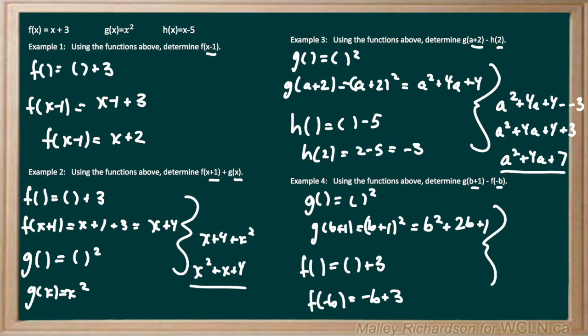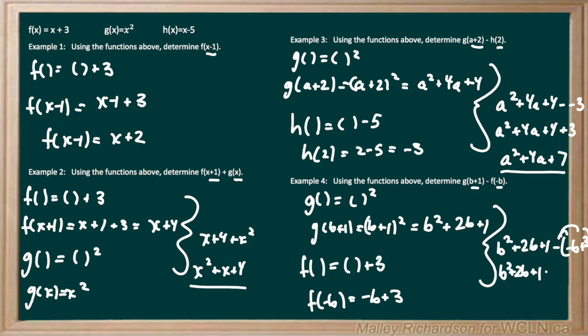Now they want us to subtract these two functions, so we have b squared plus 2b plus 1 minus negative b plus 3. Now we want to take this negative and distribute it through to every term inside the brackets. So we have b squared plus 2b plus 1.